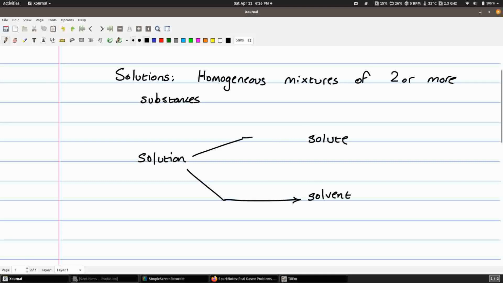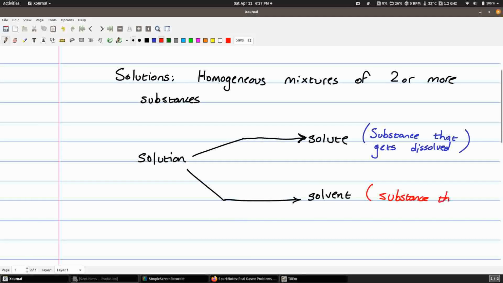Your solute is the substance that gets dissolved. And then your solvent is the substance that does the dissolving.